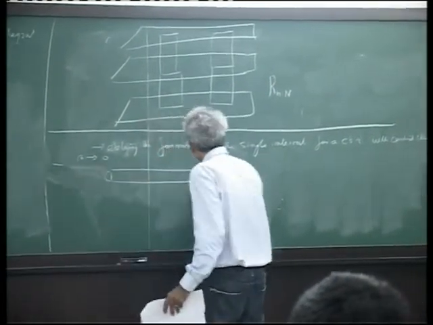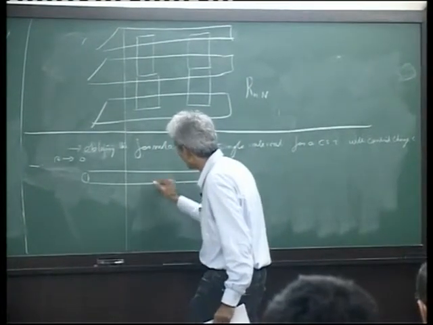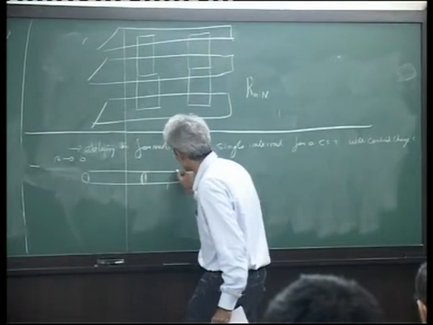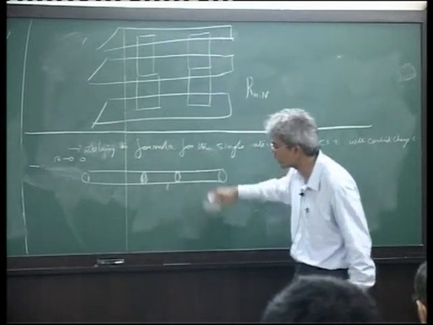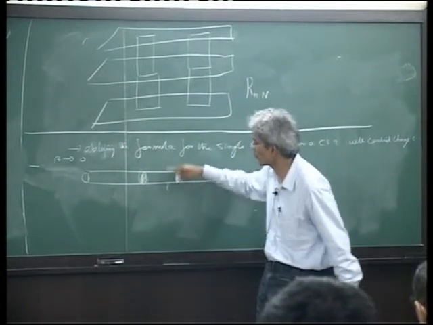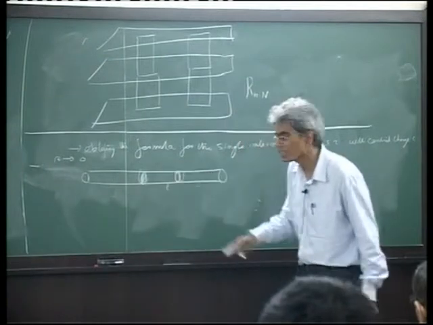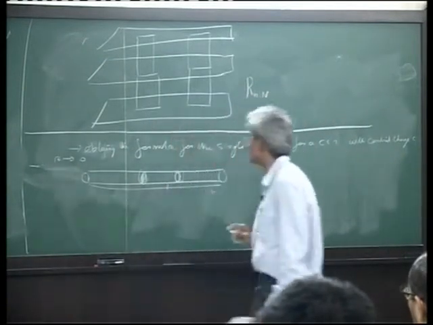This cut length I'll call L, and there are lots of identifications, lots of loops here. It keeps on identifying, and the full length is L of the CFT.